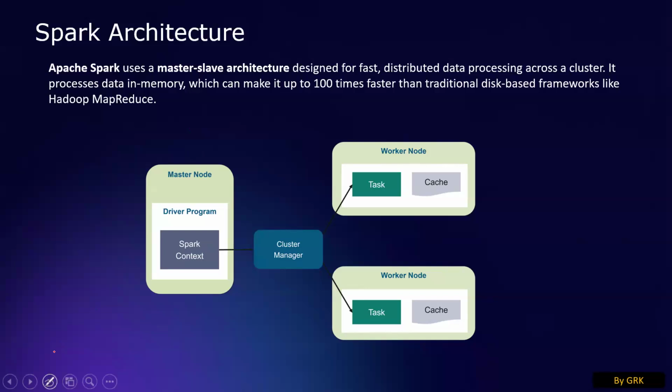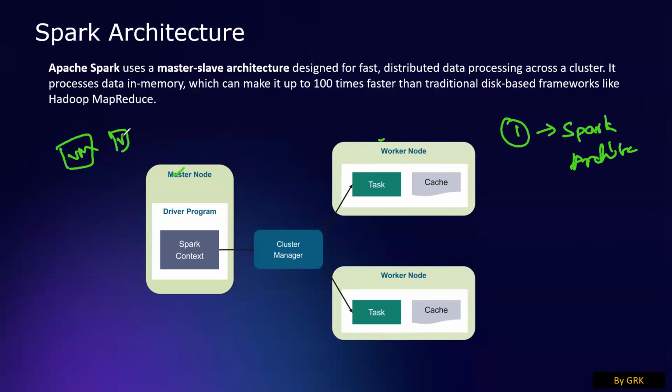So in Spark, this is the basic one. In the first class itself, we would see Spark architecture, and you will get to know each and everything: what is master node, what is worker node. As I told you, we will have multiple virtual machines. This is what you have to remember: one machine is like one node for us.